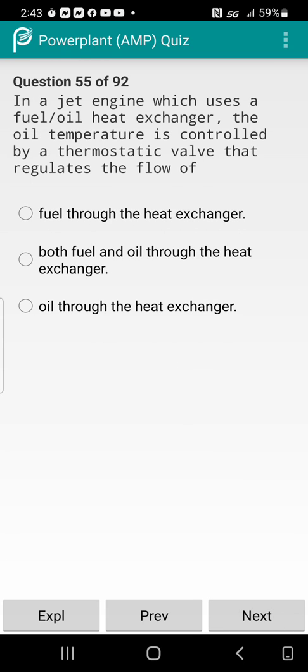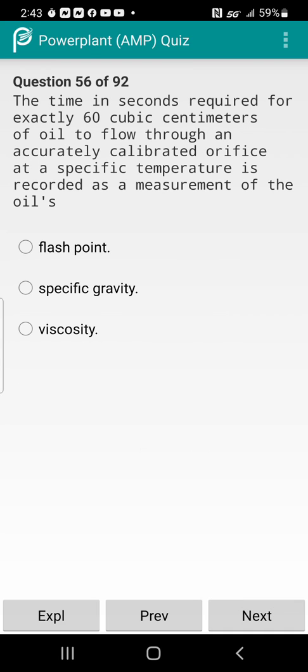In a jet engine which uses a fuel oil heat exchanger, the oil temperature is controlled by a thermostat valve that regulates the flow of oil through the heat exchanger.